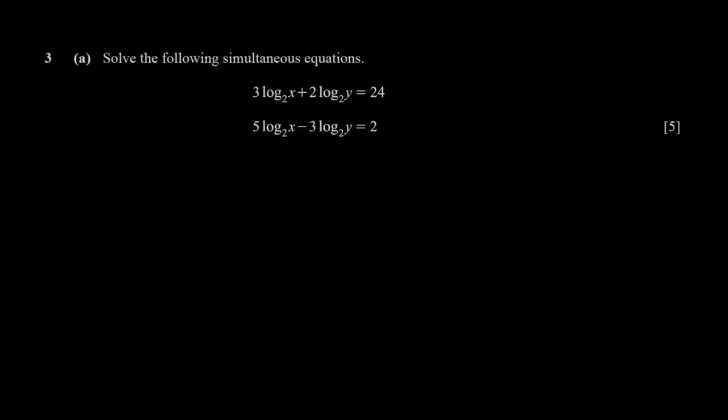All right. Okay, question 3, which is a logarithmic question. May I suggest that the way to deal with this is to use a substitution. So we've got log base 2 x and log base 2 x here, and log base 2 y and log base 2 y there. So I'm going to say let big X equal log base 2 little x, and big Y equal log base 2 little y.